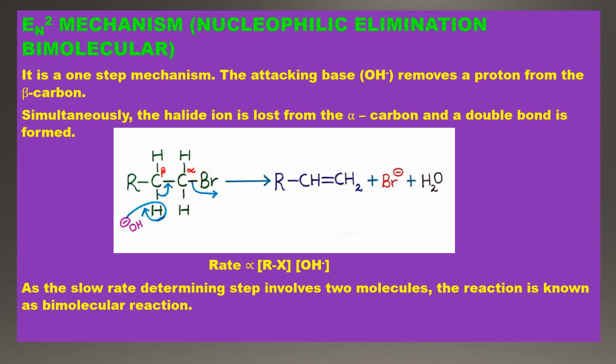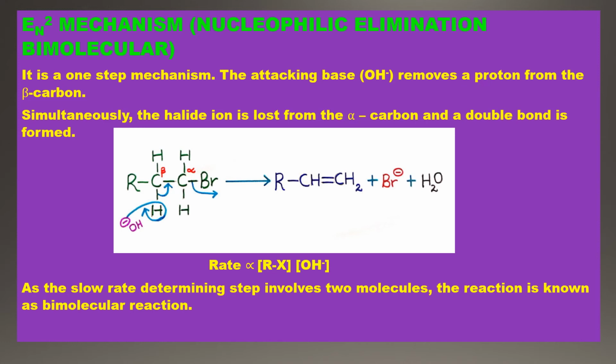The second type of elimination reaction is elimination bimolecular, which is also called the E2 reaction, which proceeds through the E2 mechanism. Okay, it takes place in only one step, and the attacking nucleophile, that is OH minus ion, abstracts or removes the proton from the beta carbon.